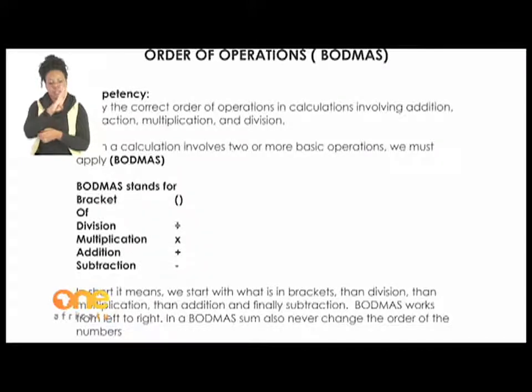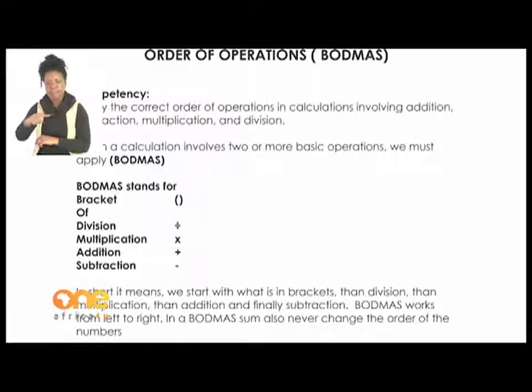So what is BODMAS? When a calculation sum involves two or more basic operations, we must apply BODMAS. Now, boys and girls, what does BODMAS stand for? The B stands for brackets, the O stands for of, the D stands for division, the M stands for multiplication, the A stands for addition, and the S stands for subtraction.